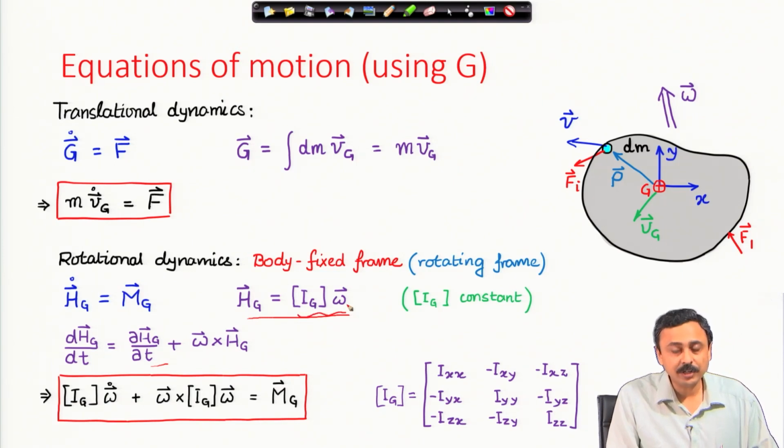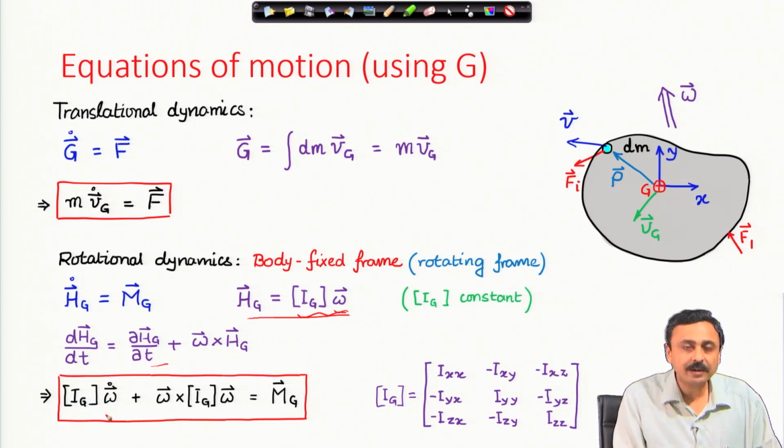But I g is already constant, therefore it will differentiate only omega, the coefficients of I cap, j cap, k cap in omega, and that I write as omega dot.